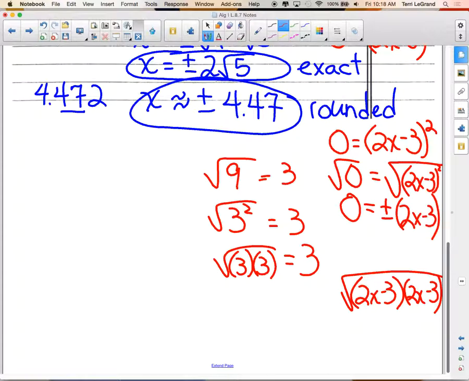Oh, I know that's tricky. I didn't make you do any of these in this lesson, but I want us to be aware of that. When you have a perfect square trinomial, you can also use the square root method because it is a binomial times itself. But you don't have to do any of those in your homework, which is good news, right? Okay, let's get to work.